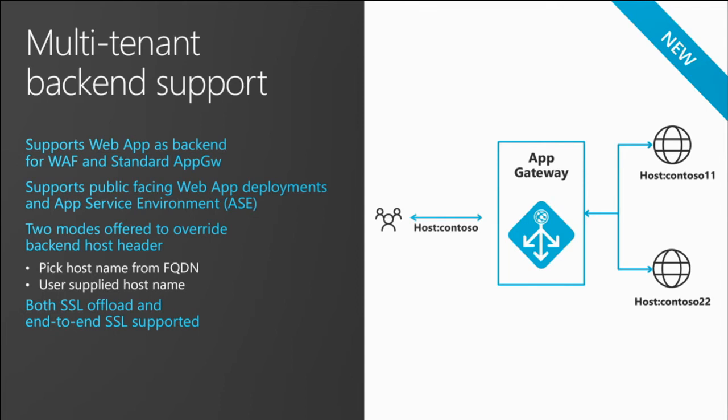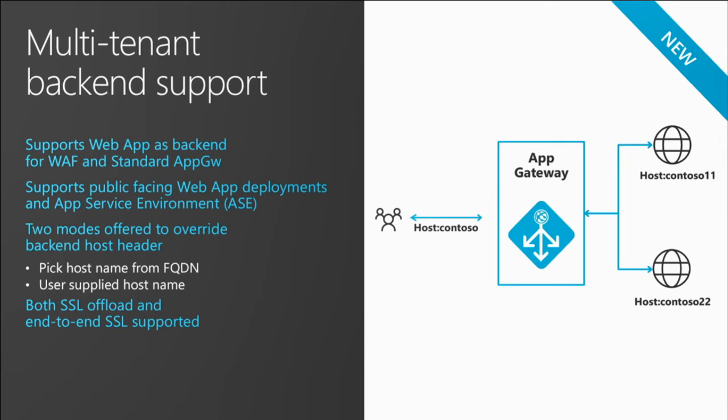So the backend website is actually configured as contoso11 or contoso22, and it is expecting a host header which will say contoso11.azurewebsites.net or contoso22.azurewebsites.net. We didn't do the translation for these websites, and therefore when the traffic actually reached the backend, Azure websites had no way of knowing which particular tenant to direct that traffic to.